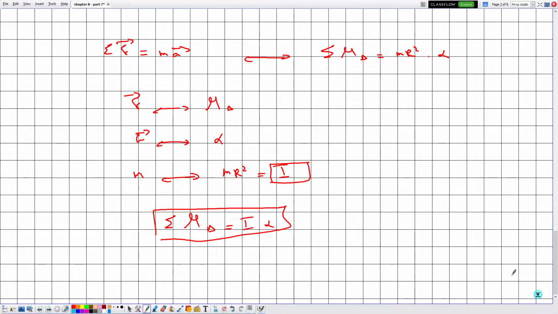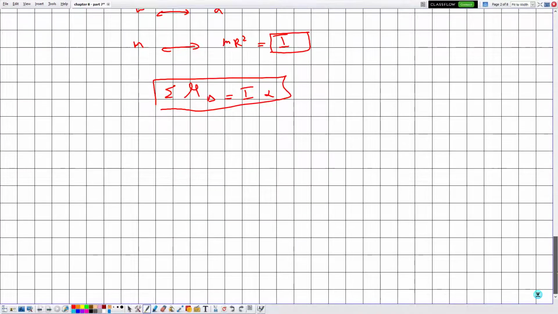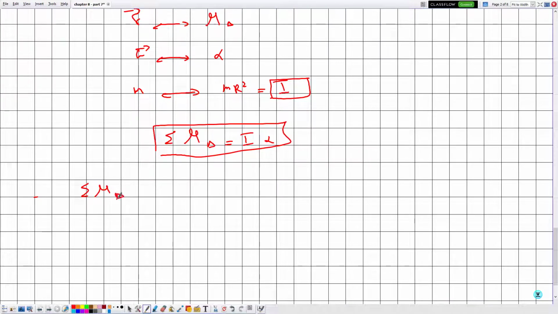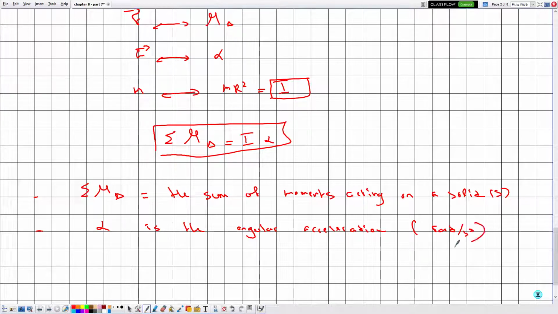Let me define what each quantity represents. The sum of moments acting on a solid S. Alpha is the angular acceleration, and its unit is radians per second square, and I is the moment of inertia of the given solid.